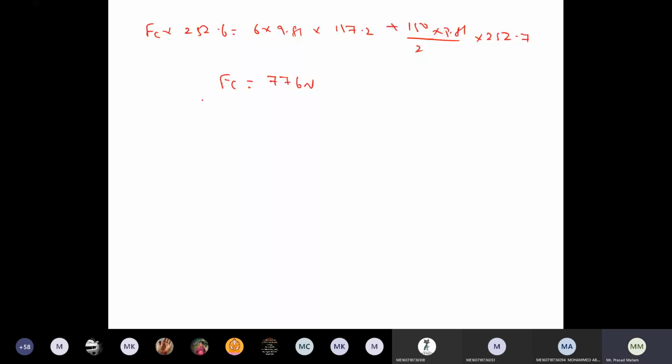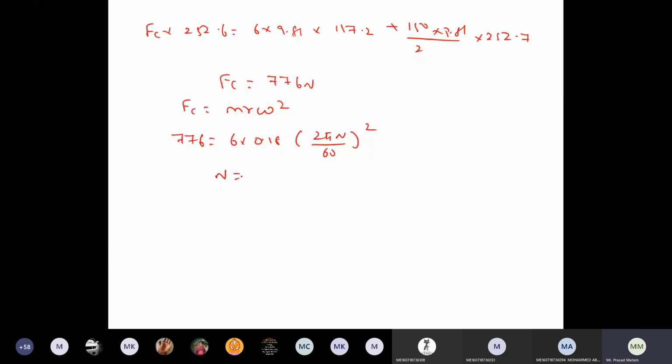Now what do we know? Fc is nothing but m r omega square. Fc 776 is equal to mass, which is 6, into radius of rotation, 180 mm, that is 0.18, into omega, which is 2 pi n by 60, whole square.